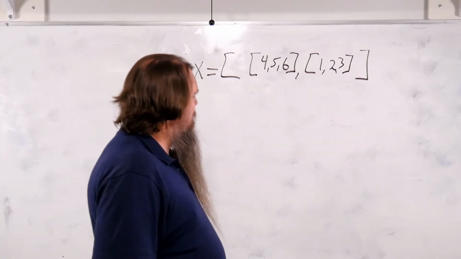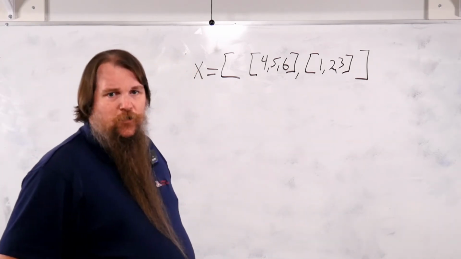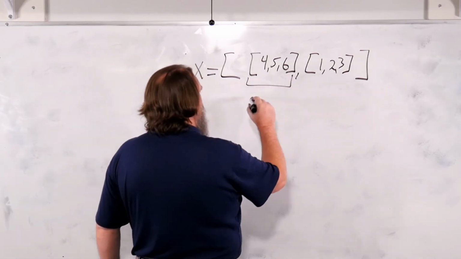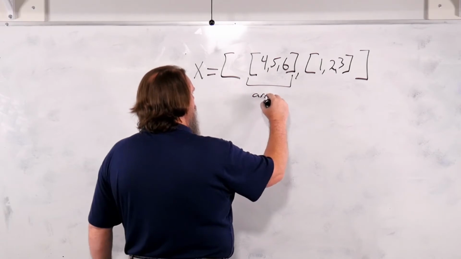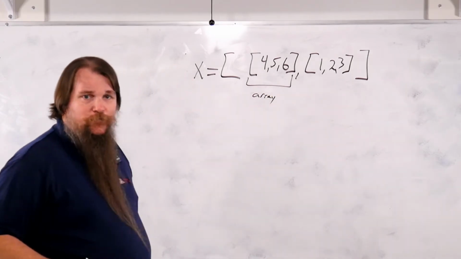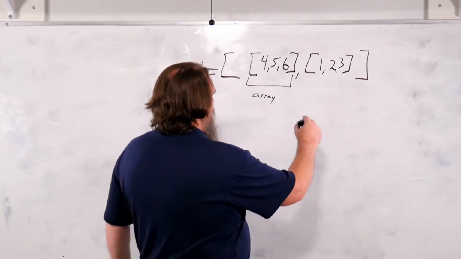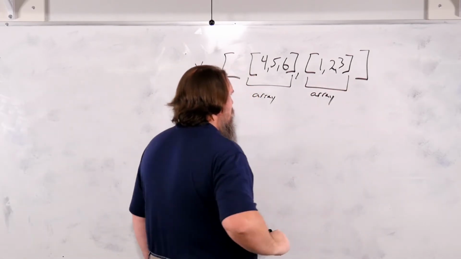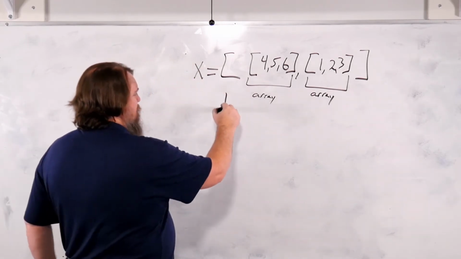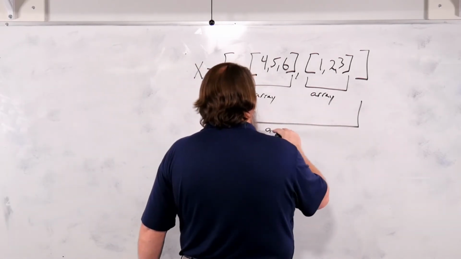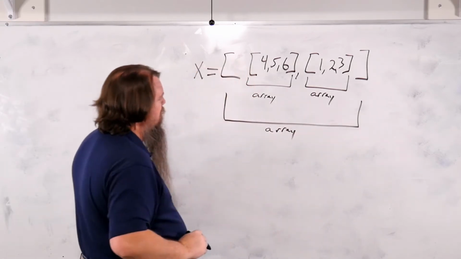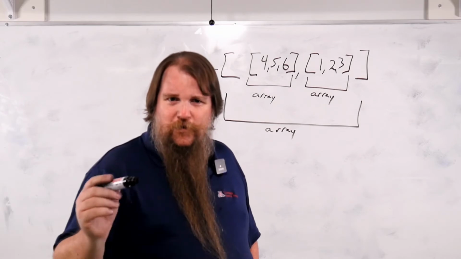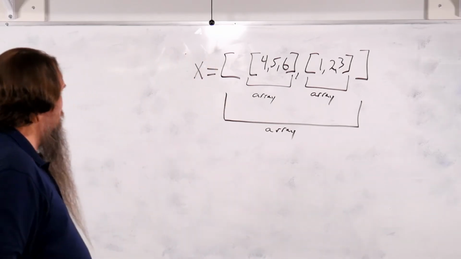Anything that has brackets inside brackets. But what do you think it is? Well, this looks a heck of a lot like an array. Python calls them lists. This looks like an array. And this looks like an array. Is that an array that contains other arrays? That's exactly what it is.